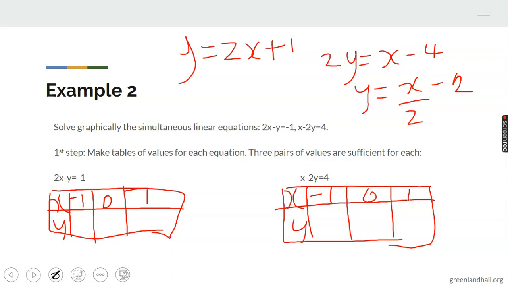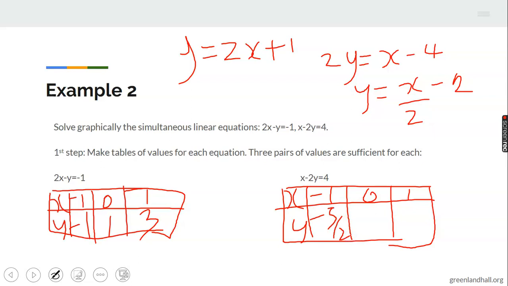Now, let's start with the first equation. When x is minus 1, what is y? That will be minus 1. When it is 0, that will be 1. When it is 1, that will be 3. Then for this, when it is minus 1, we have minus 1 over 2 minus 2. That will be minus 5 over 2.